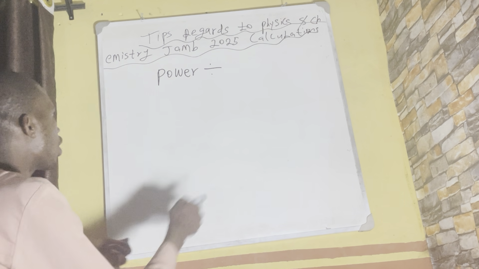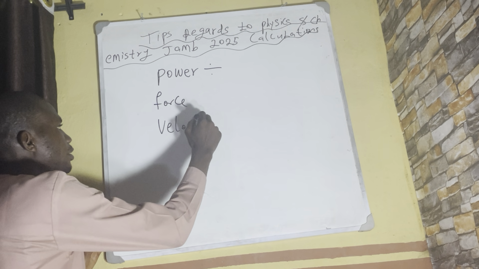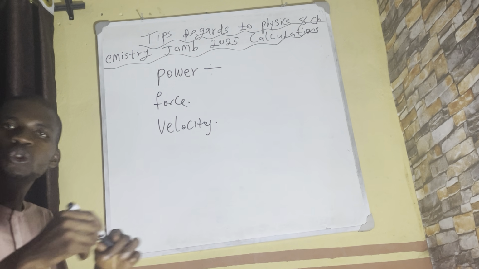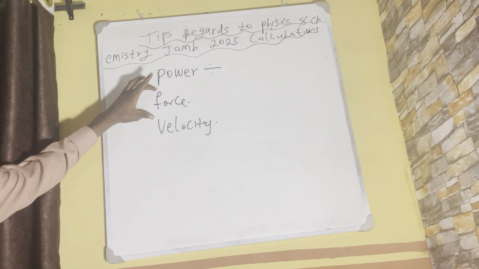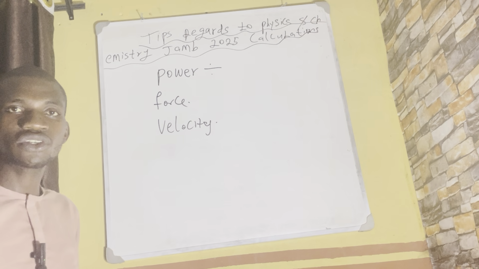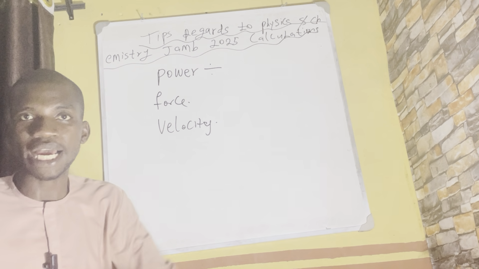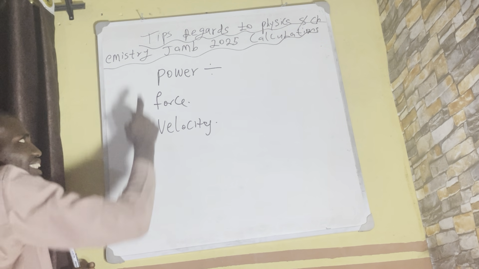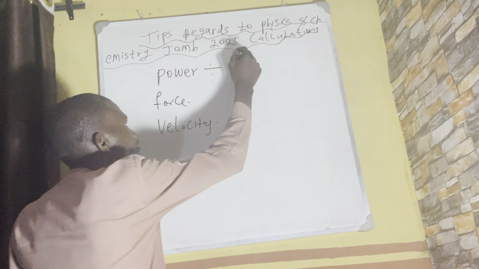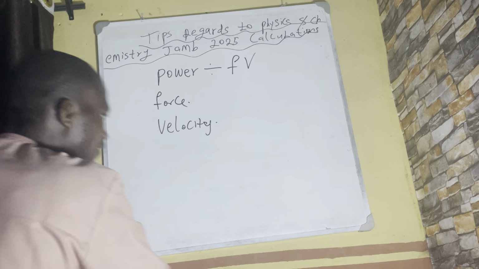When you see force and velocity attached together with power, know that power is superior to force. So force will be a multiplier here. Power means multiply everything. But when power is attached with time, you multiply everything and divide by time.